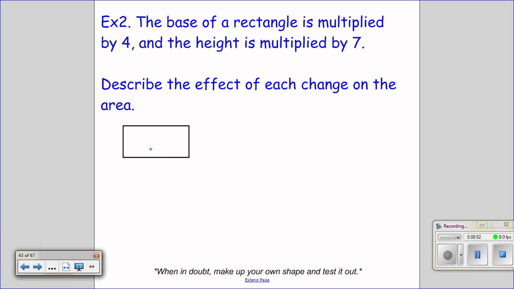Say our original base is 2, and no, that seems small. Let's say 4. And our height is 2. So let's find the area of this original. Again, it's base times height. So that means it's 4 times 2, which is 8 units squared.